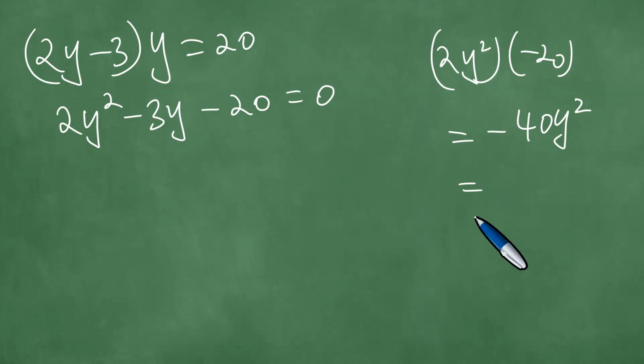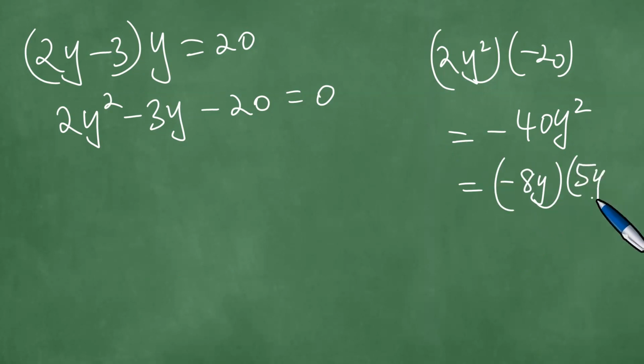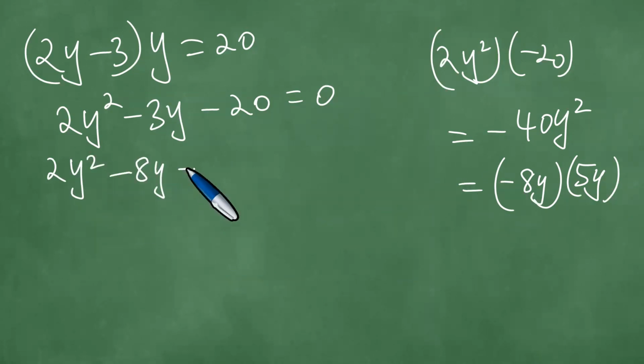Therefore, look for the factors of minus 40 that give minus 3: those are minus 8y and 5y. So we have 2y squared minus 8y plus 5y minus 20.